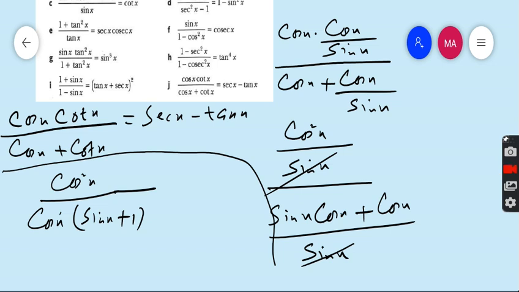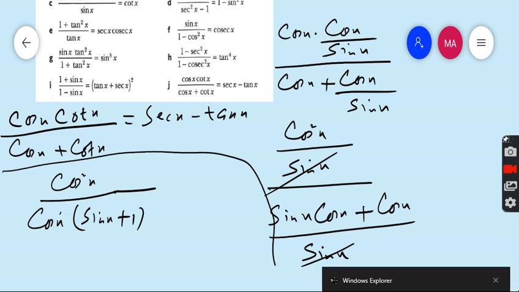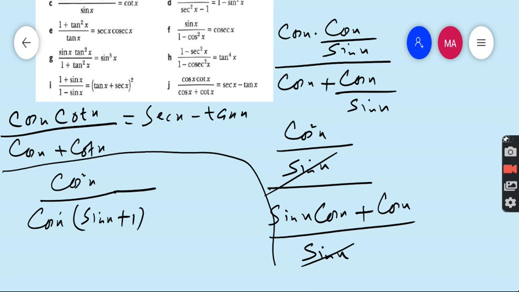Kindly wait, I am doing cos x cot x. So cos into cos upon sin, this becomes cos plus cos upon sin, cos plus cos square, and cos x sin x plus sin x. Kindly wait. So cos square x sin x, cancelled by sin x, gives cos square x.